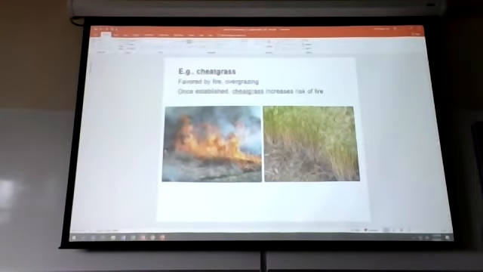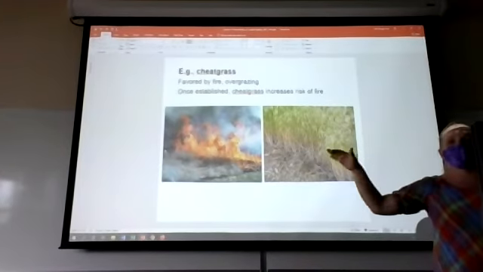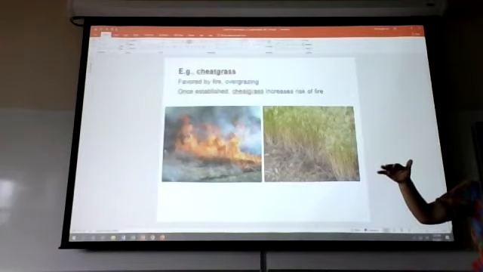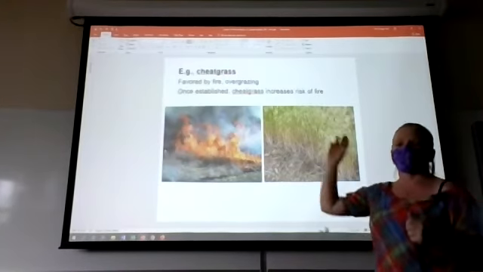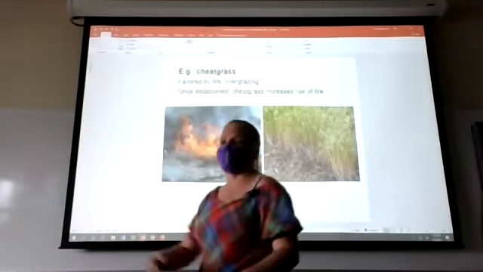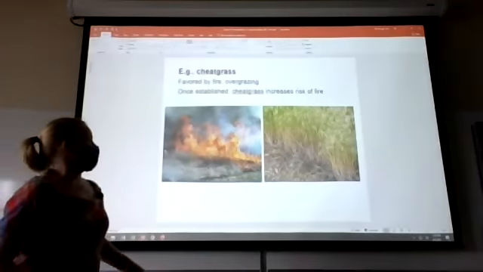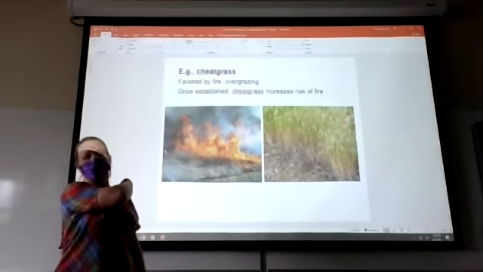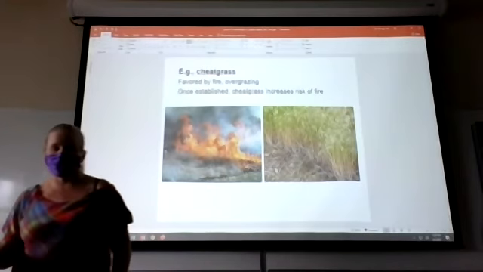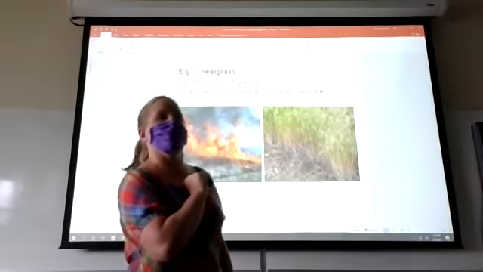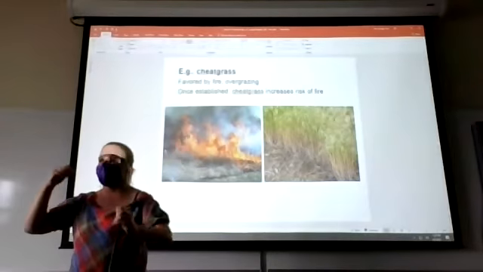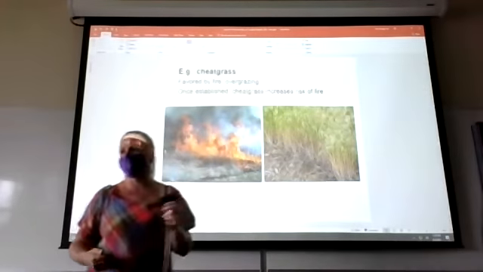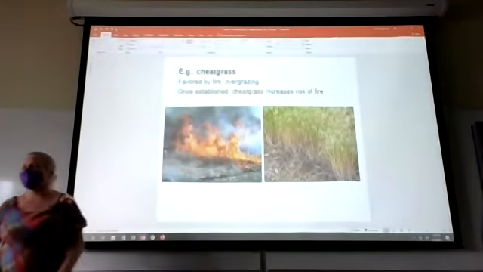It grows up during the spring when there's lots of water available, and by July, most of the time, it's done its life cycle. It's set new seed, which germinate in the winter, and it just dies. And so you get these stands of dead grass that are highly flammable. And actually the seeds need fire in order to germinate. So it is altering the ecosystem, altering the fire regime to benefit itself.